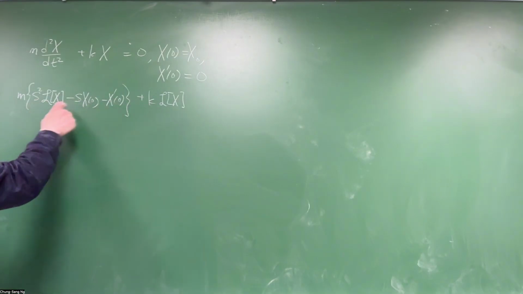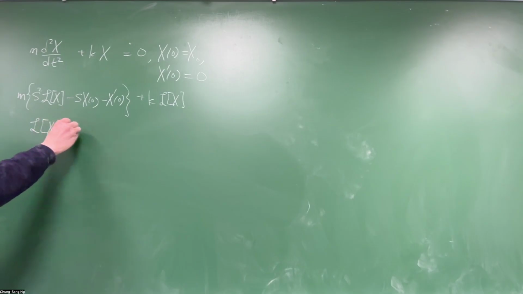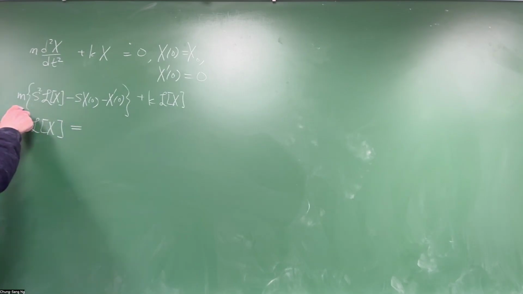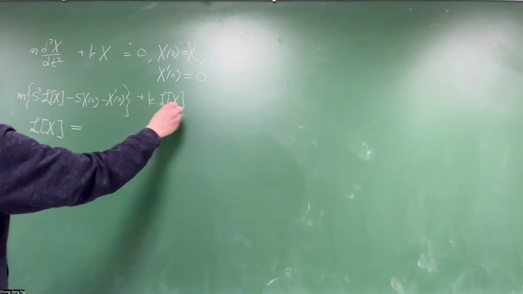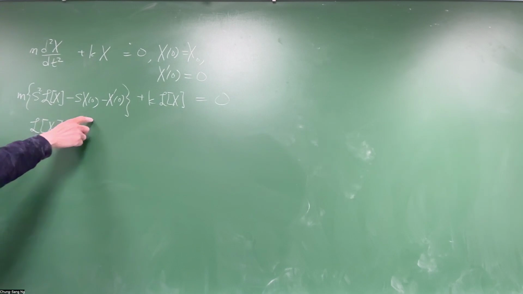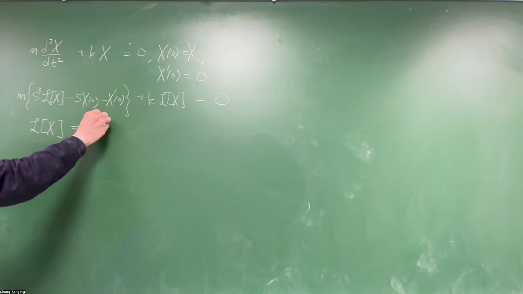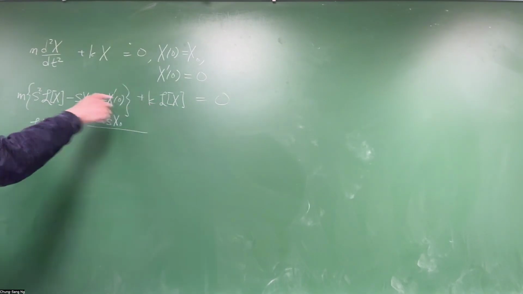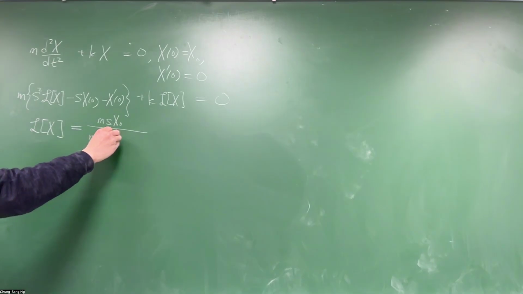And then solve for the Laplace transform. So the Laplace transform of x, putting everything together, group these two. Because the right-hand side is 0, we put this term to the other side. We have s times x sub 0 as the right-hand side, and then divided by s squared plus k.